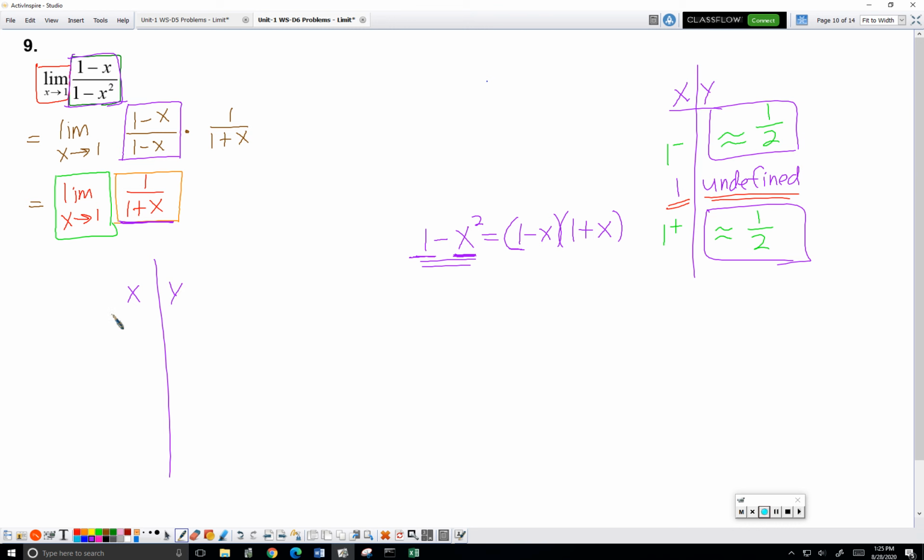If x is growing, Clayton, if x is 100, what's y? Really close to 0, right, because it's 1 over 101. If x is 1,000, what's this one, Clayton? Even closer to 0. So we found a horizontal asymptote. As x approaches infinity, y is approaching 0.